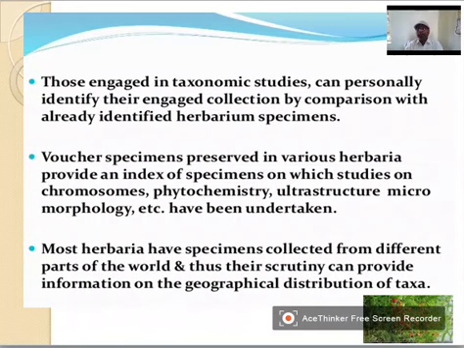Voucher specimens preserved in various herbaria provide an index of specimens on which studies on chromosomes, phytochemistry, ultrastructure, micromorphology, etc. have been undertaken. Most herbaria have specimens collected from different parts of the world, and thus their scrutiny can provide information on the geographical distribution of taxa.